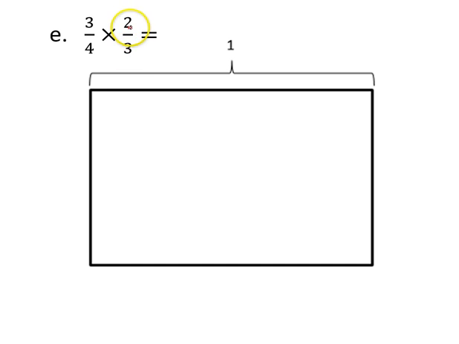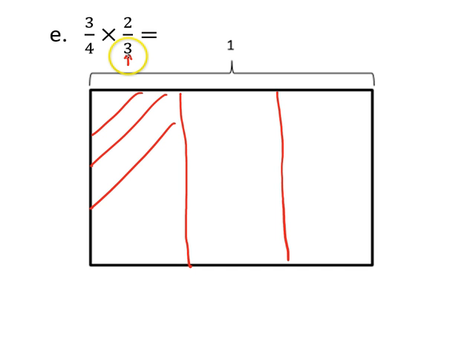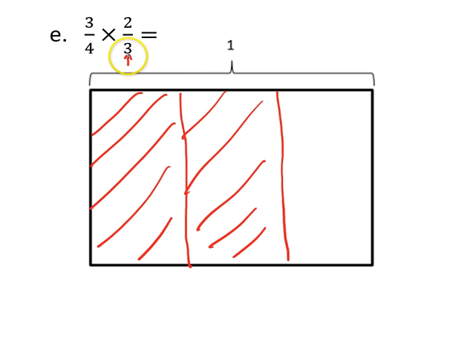3/4 times 2/3 can be thought of as 3/4 of 2/3, which means I'm going to start by drawing 2/3 on my model. I have my thirds. I shade them. And I'll show 2/3.